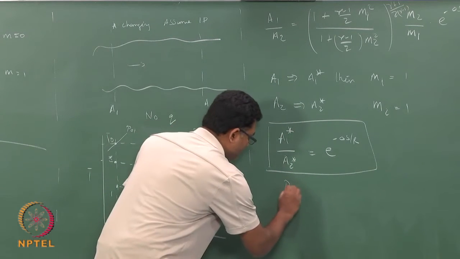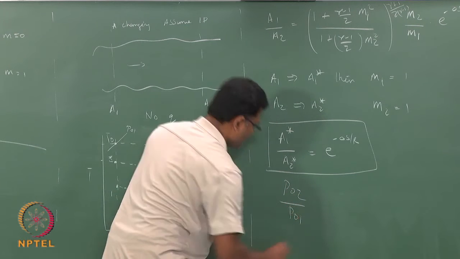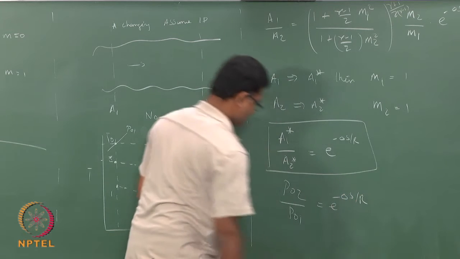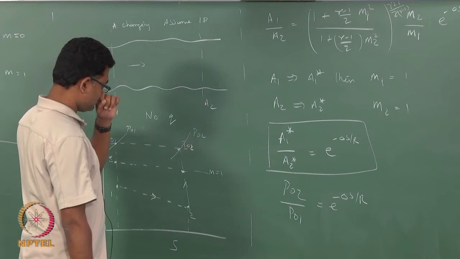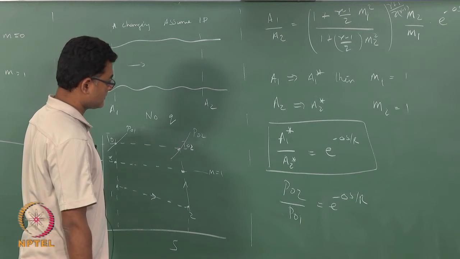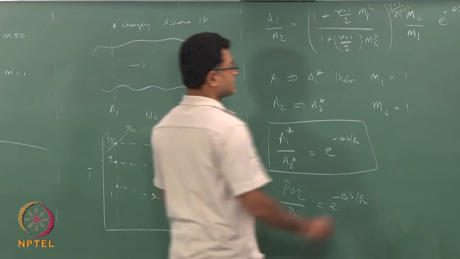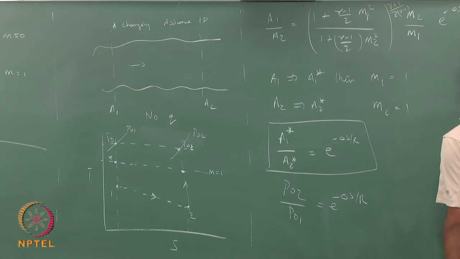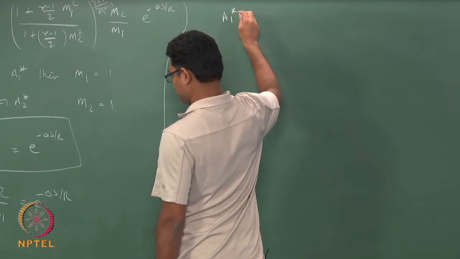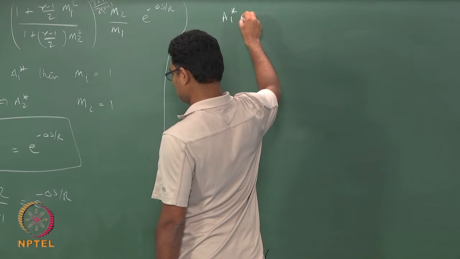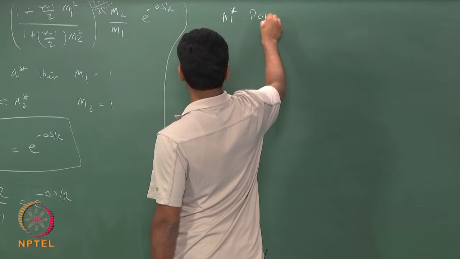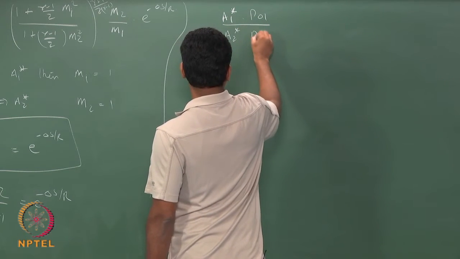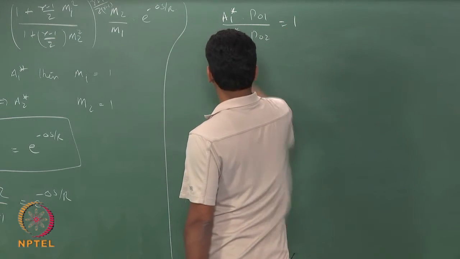I also know P02 by P01 to be e power minus delta s by R. Which tells me A1 star into P01 by A2 star into P02 is 1.